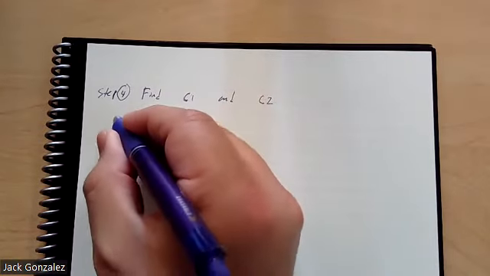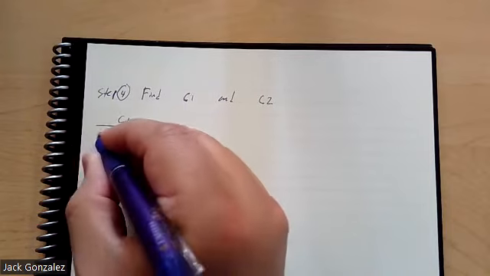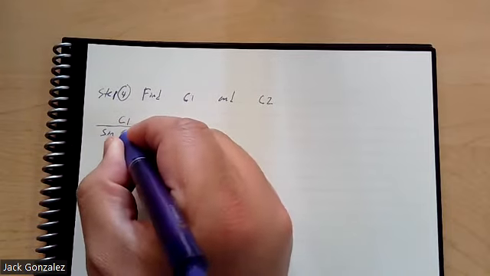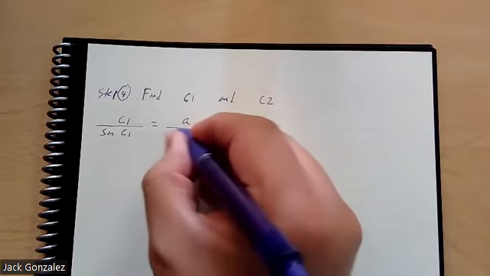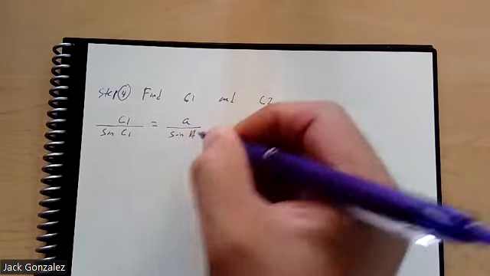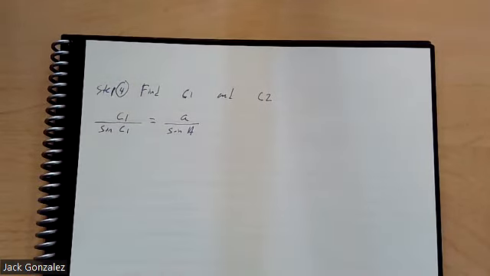Okay, so this is what we're gonna do. Write C1 on top, so we don't mix anything up. Sine of C1 equals sine of A over A. These are fixed, so you don't have to write the A1 whatever. It's the same thing.